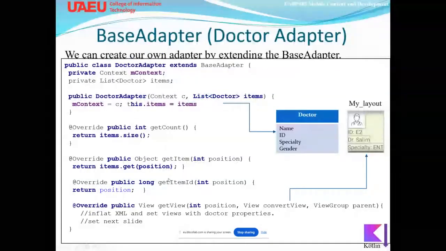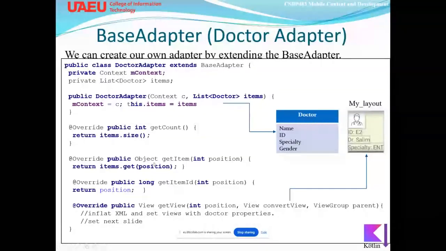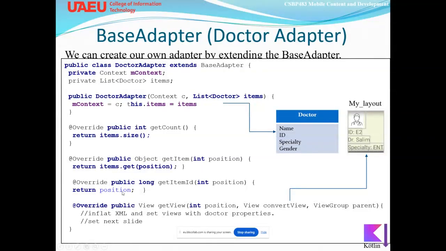So what I did here, basically, I chose to have just two parameters in the constructor. The first parameter is the context, and the second parameter is the source of data, which is the list of doctors. And I set them up here. Now, there are some methods that need to be overridden inside the adapter, and they are very simple methods. For example, how many doctors do we have, getCount. So the list of items, I call it item, so you return the size.